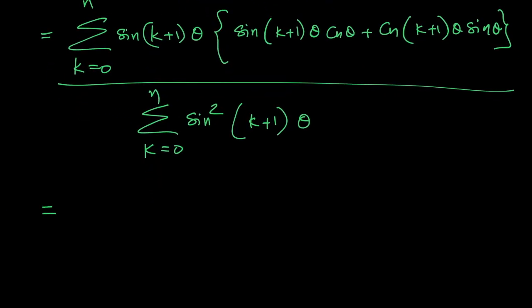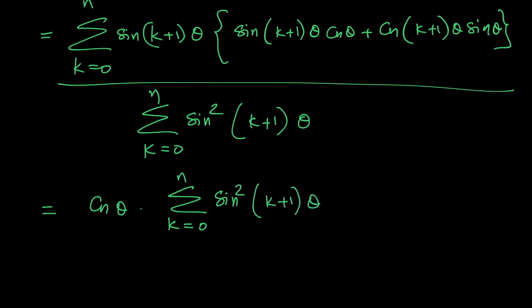Okay, so this quantity becomes sigma k equals 0 to n, and you can of course distribute sigma. When you distribute sigma, there will be two terms, and in the first term you can take cos theta out. So this becomes sigma k equals 0 to n sine square of (k plus 1) theta, plus, in the second term you take sine theta out.